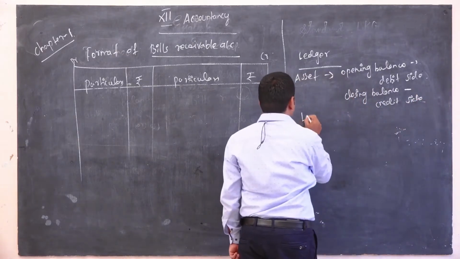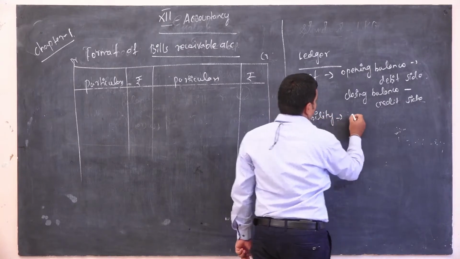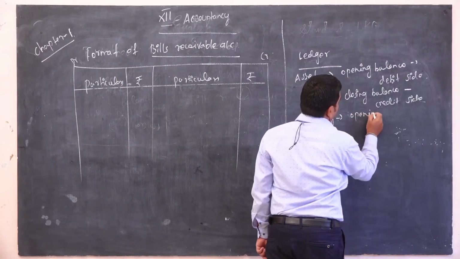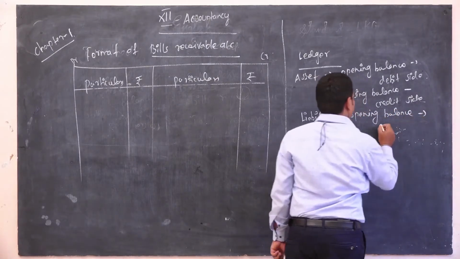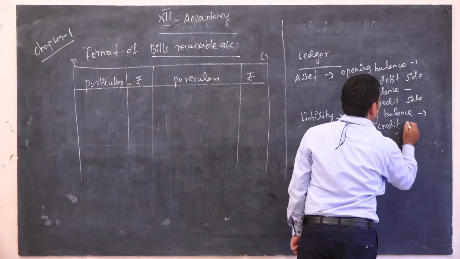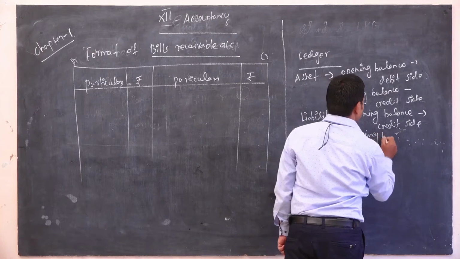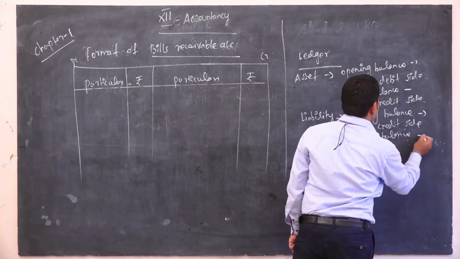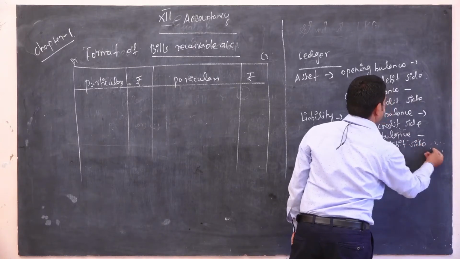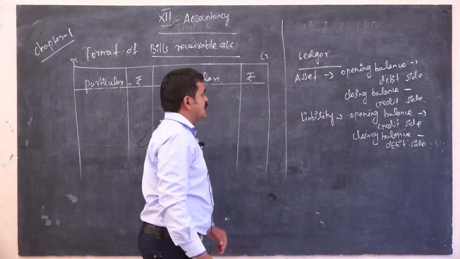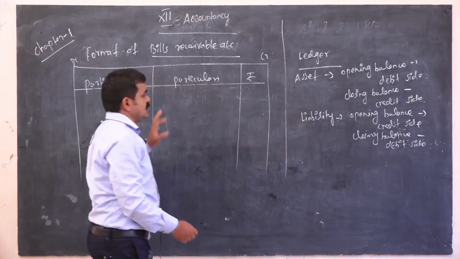In case of a liability, the opening balance comes under the credit side and the closing balance comes under the debit side. These are the rules we have to follow in this concept.